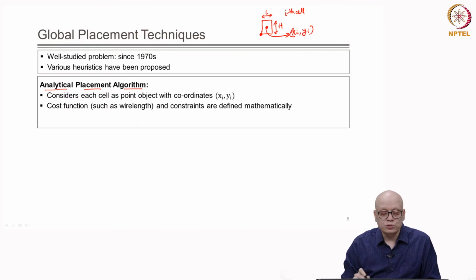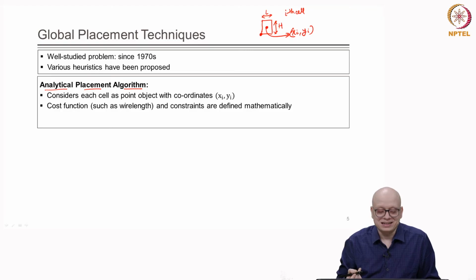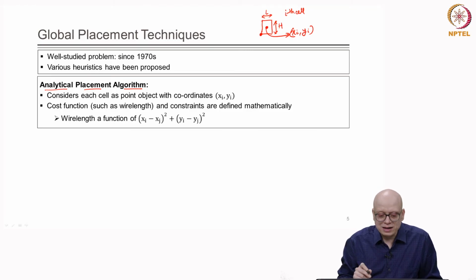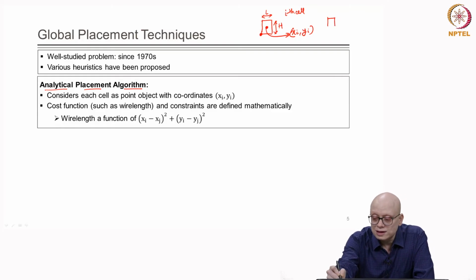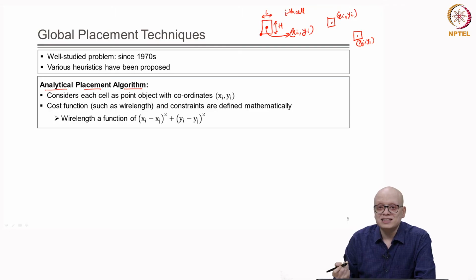Then we evaluate the cost functions, such as the total wire length and the constraints, mathematically. For example, we can consider the wire length as a function of the Euclidean distance. Suppose there were two cells, one at xi, yi and another at xj, yj. What is the Euclidean distance between them?